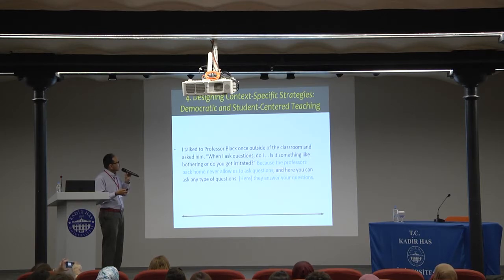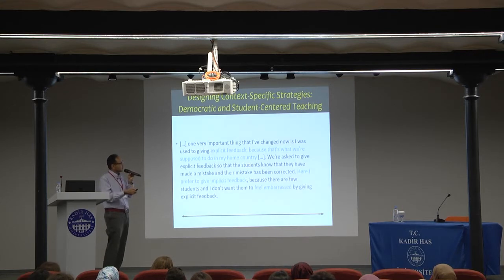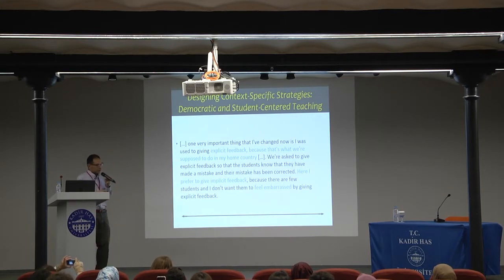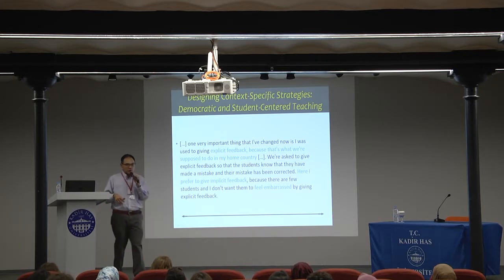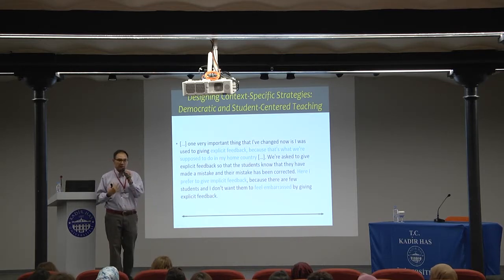And she also learned, among other things, how to, in a way, focus on a more student-centered approach to teaching. Back home, she would never ask professors questions, but here she found that her professors were very keen to answer questions. In Bangladesh, she always gave her students explicit feedback because they wanted explicit feedback.